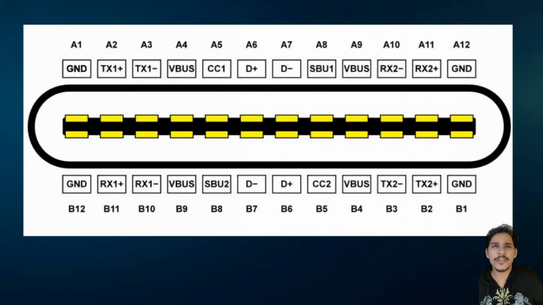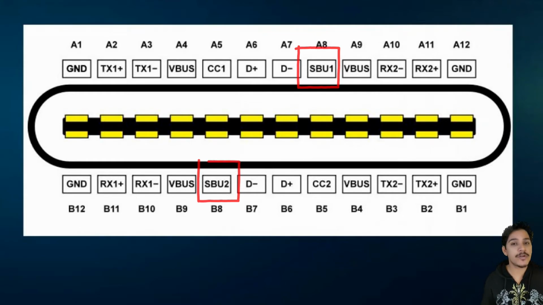Now let's talk about the sideband pins, SBU1 and SBU2. These are more like supportive pins, because sometimes some protocols require additional pins, like if you're using DisplayPort or transferring some high quality HD data, some additional channels might be required for other configurations.